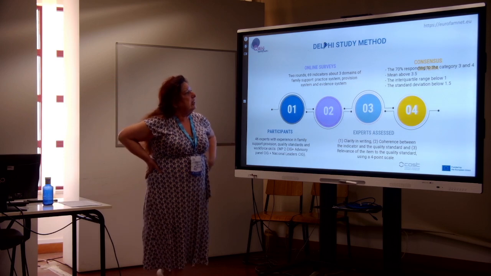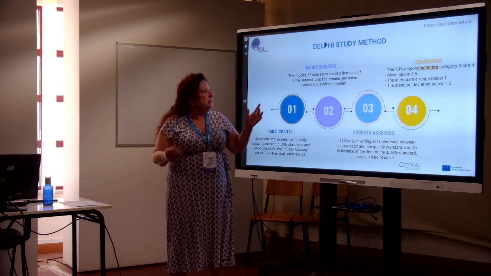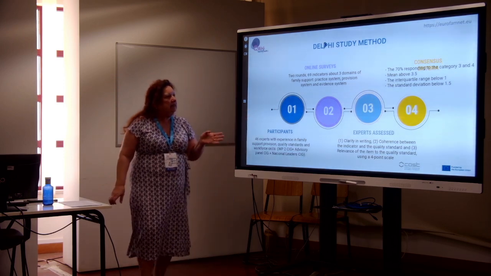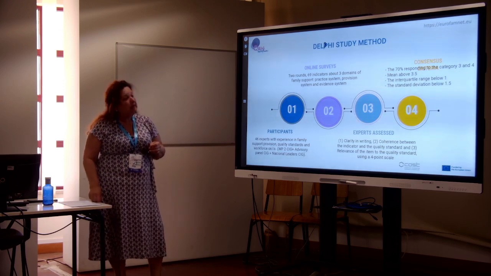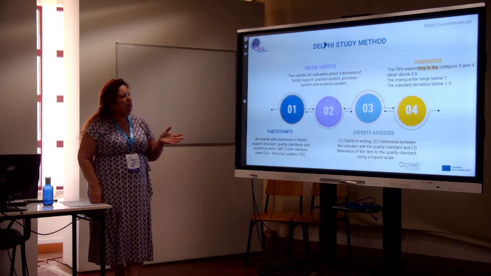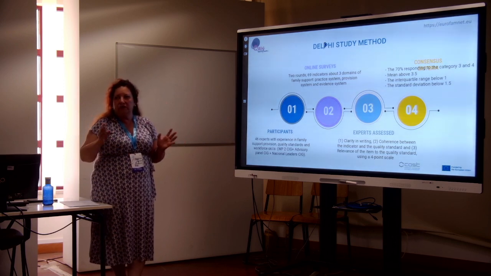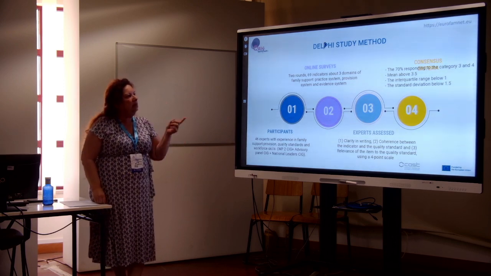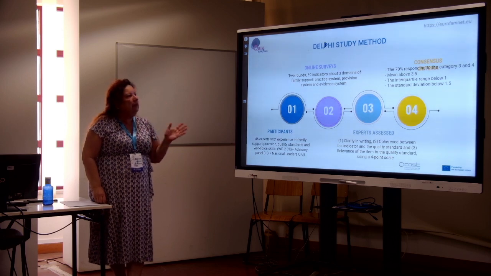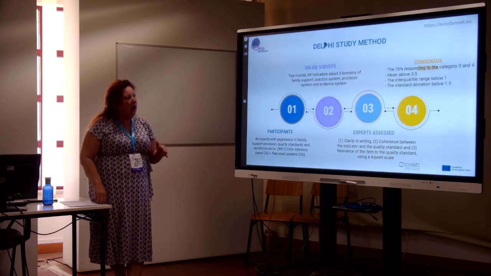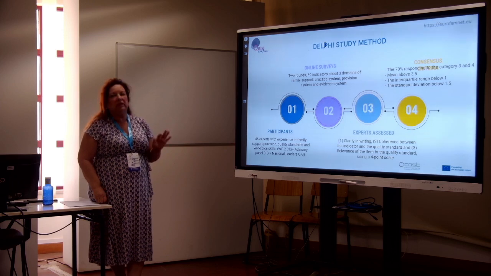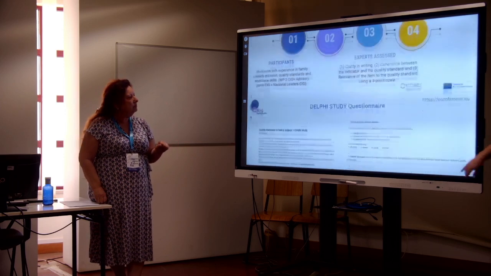And the consensus criteria we defined previously was at least 70% of the respondents in category 3 and 4, agree or totally agree. The mean above 3.5, the interquartile below 1, and the standard deviation below 1.5.